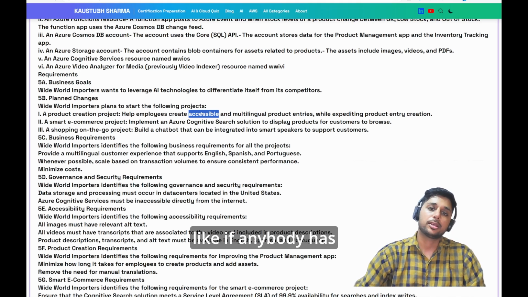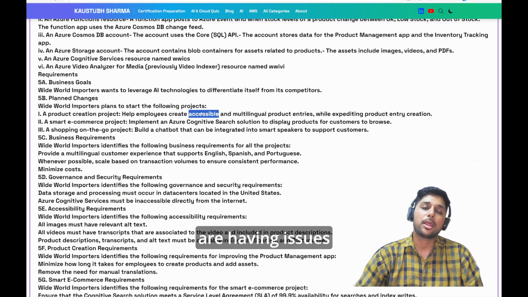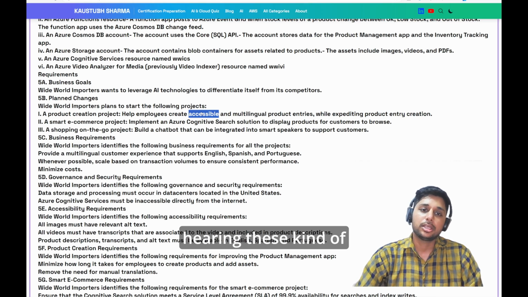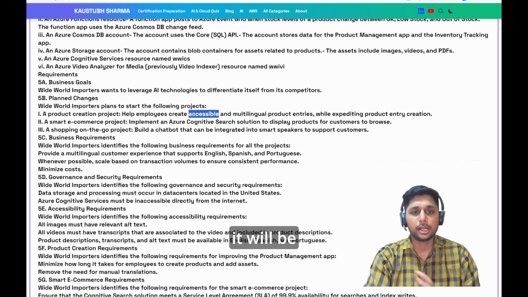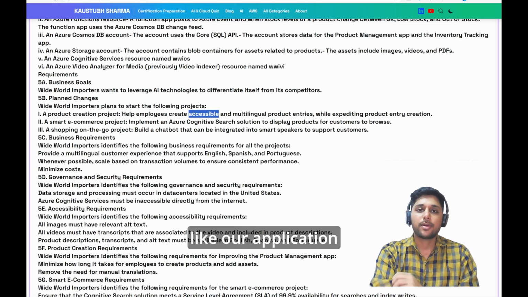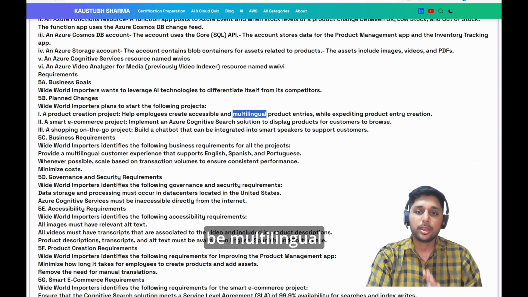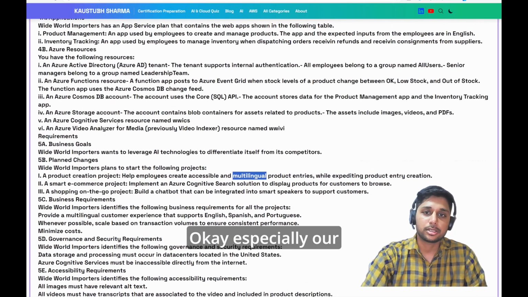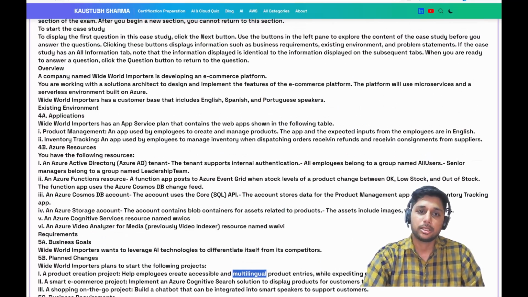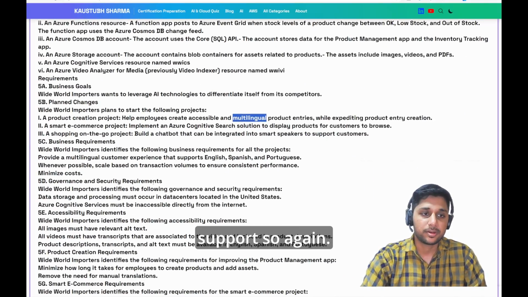Accessible means it is more accessible to people who have issues seeing or hearing. If a person has any kind of disability, our application should be very accessible to them as well, and it should be multilingual, so you can enter multiple languages. Especially our customer bases are in these three languages: English, Spanish, Portuguese. So especially these are the supports we have.